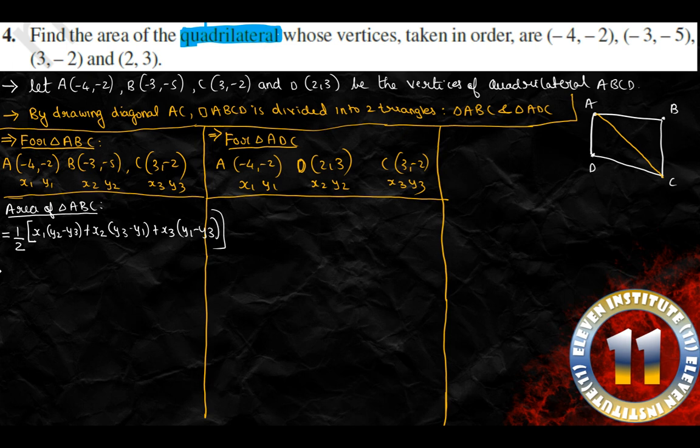Right, so again we will write half into the bracket I have x1 is -4. Then y2 minus y3, so -5 minus -2. Then plus x2, so x2 is -3. y3 minus y1, so that is -2 minus -2.